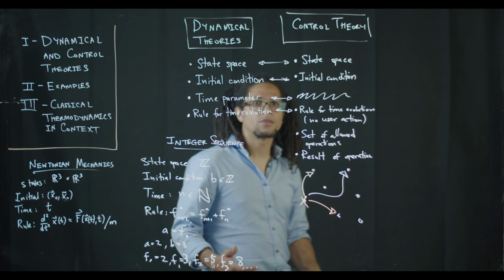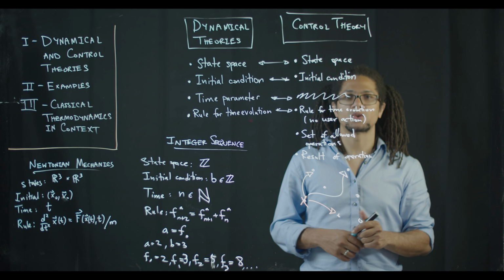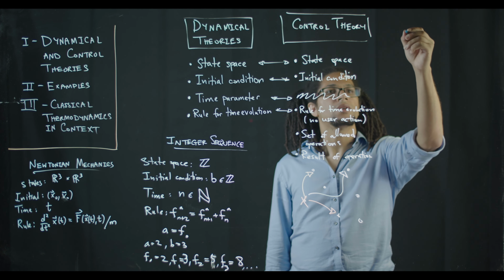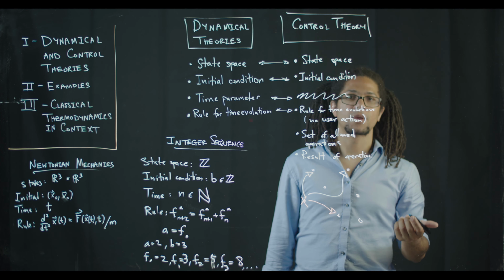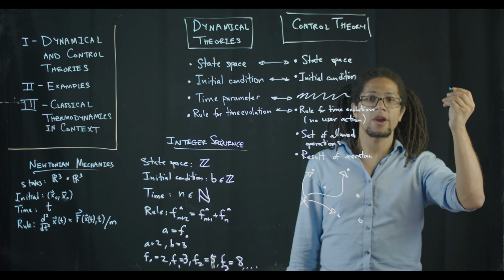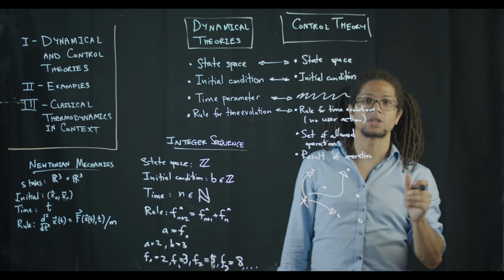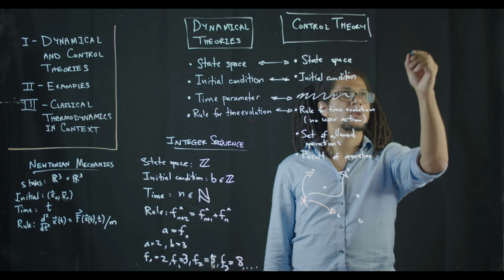Now let's talk about some examples of control theories. The first and maybe easiest example is another physical example. Let's think about a mass on a spring, but one which we're applying an external force to.